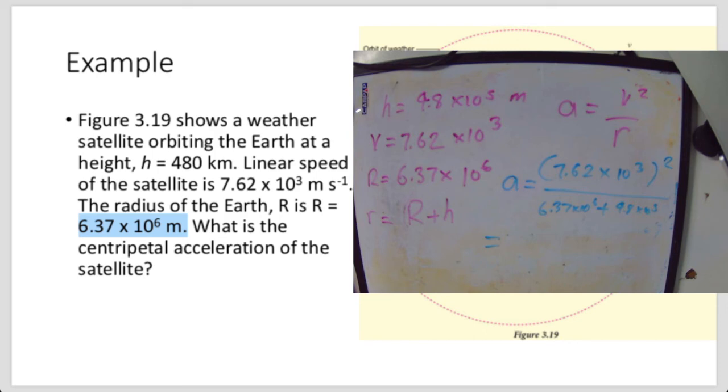Our answer should be in meters per second squared. Someone with a calculator? Okay, thank you for telling me, 8.48. So that is the centripetal acceleration.